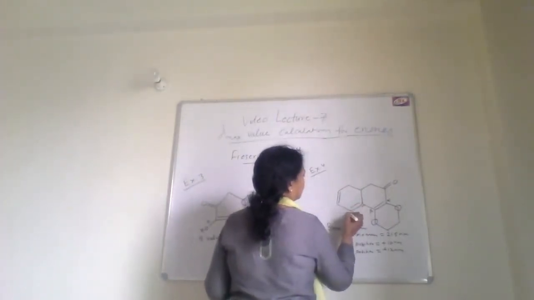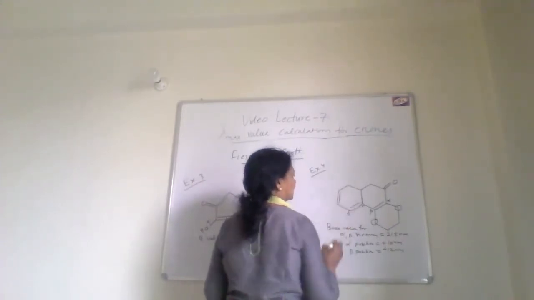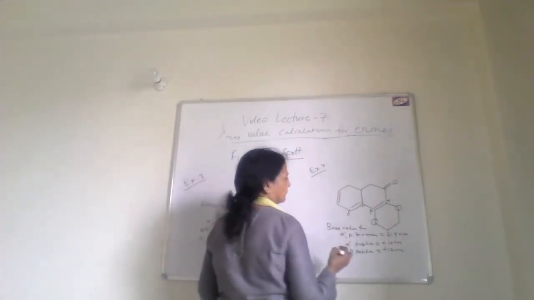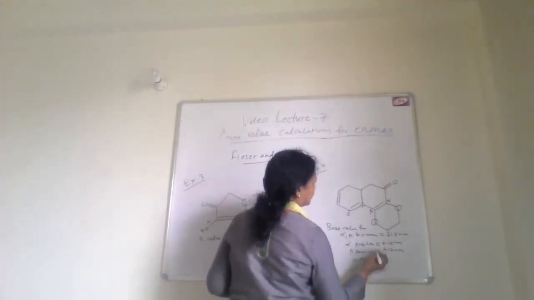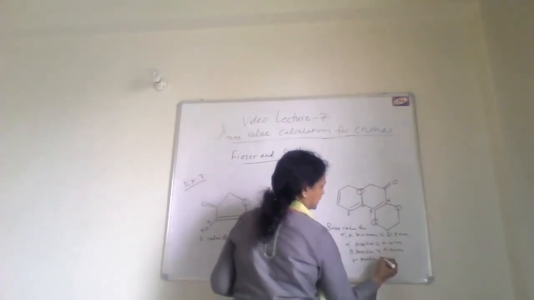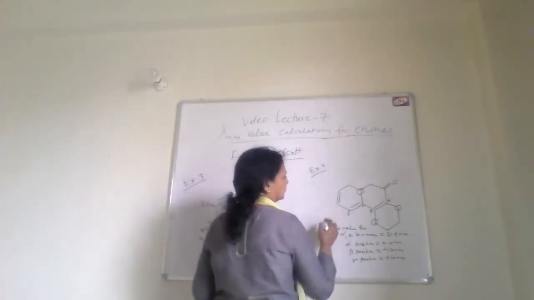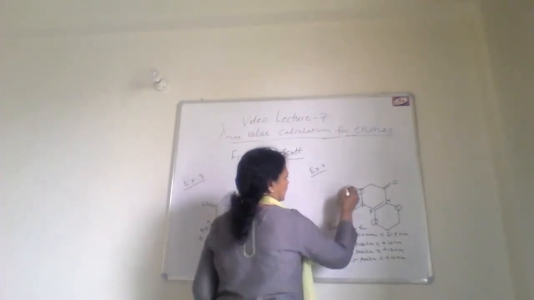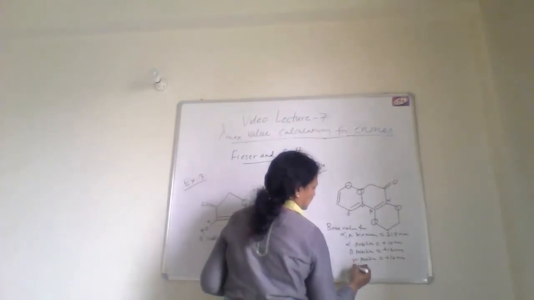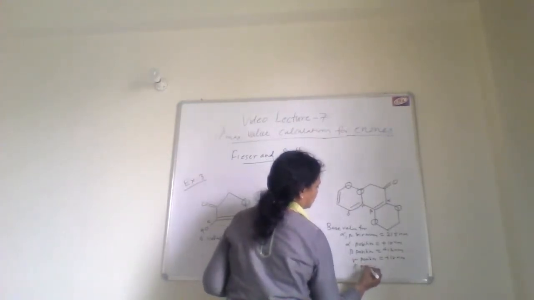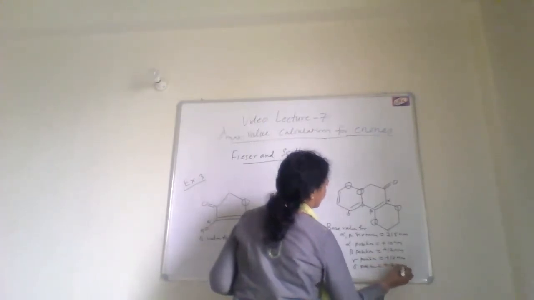Gamma, delta, and so on. So the gamma position is plus 18 nanometers. Then it is further, right? The delta position plus 18.